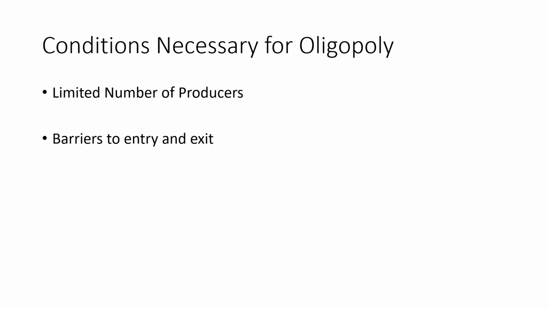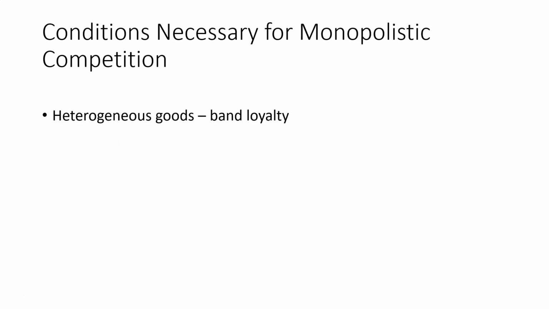All right. Now, the final market structure that I want to look at is monopolistic competition. This one on the spectrum of market structures is closer to perfect competition. Monopolistic competition, as you can see from the slide, only differs from perfect competition in one characteristic.